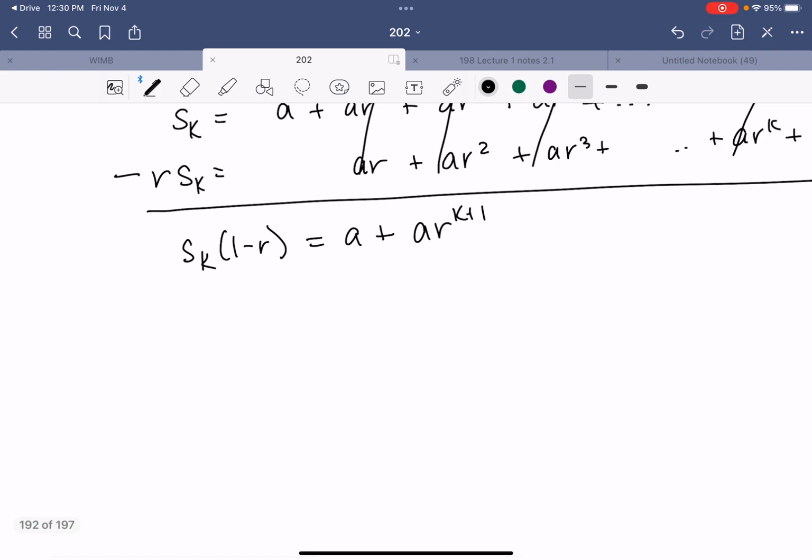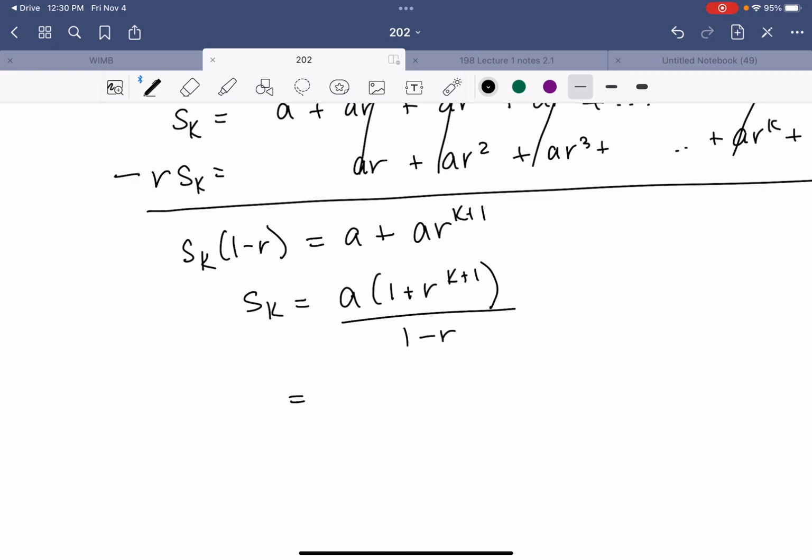If I then take sk and divide, this is sk equal to, factor out an a, times 1 minus r to the k plus 1, and then I'm dividing by the 1 minus r from the other side. Okay. Now what happens?